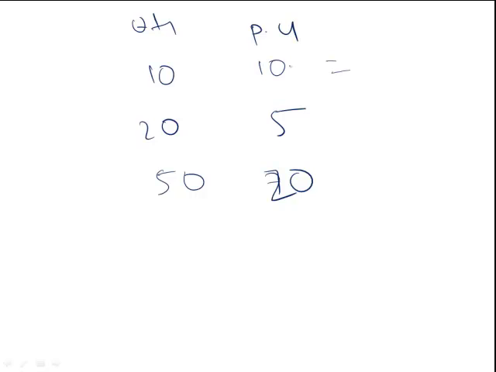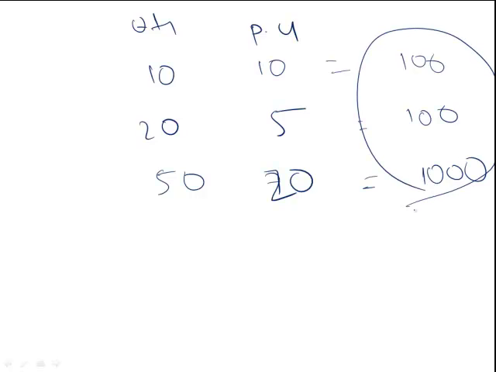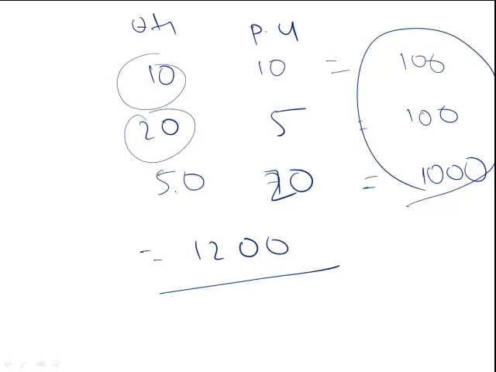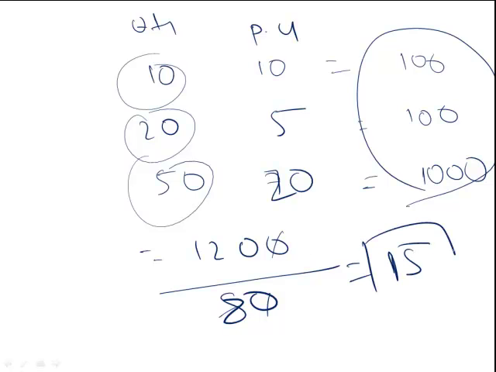So you take a total of all of this: 100, 100 and 1000. Total amount spent is equal to 1200. Total quantity acquired is 10 plus 20, 30, plus 50, 80. So total quantity acquired is 80, which means on an average your cost is going to be 15 rupees per unit.